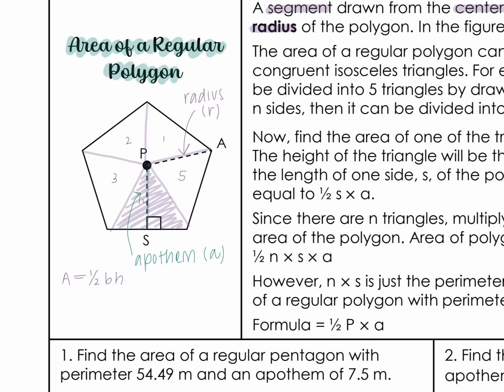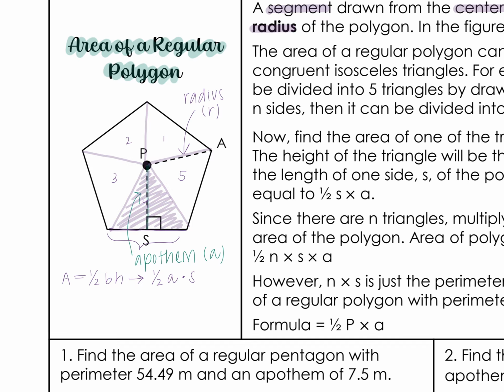But we just talked about the fact that in the regular polygon, we refer to that height in this triangle as our apothem. So I'm going to have 1/2 my lowercase a for apothem. And then the base of this right here is just going to be our side length. So I'm going to multiply by s, which will stand for my side. So that's going to be the area of this one triangle.